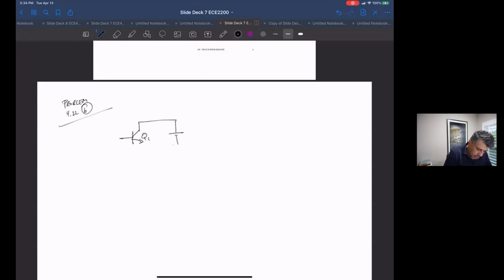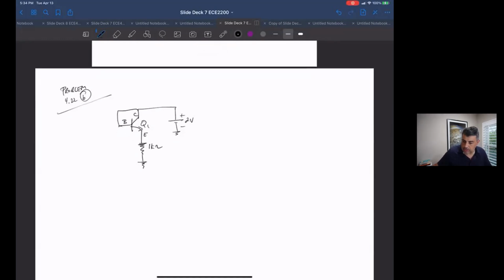The collector is hooked up to 2 volts, the base is connected to the collector, and there is a resistor hanging off the emitter. So this is the emitter, this is the base, this is the collector. And it's a 1 kilo ohm resistor.